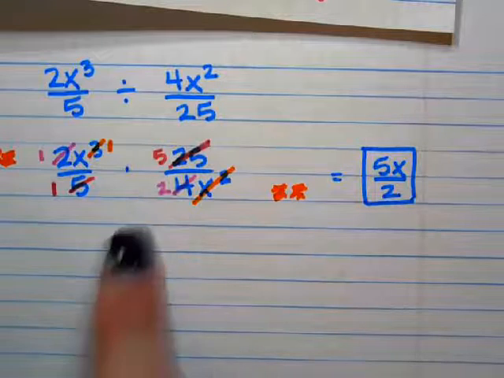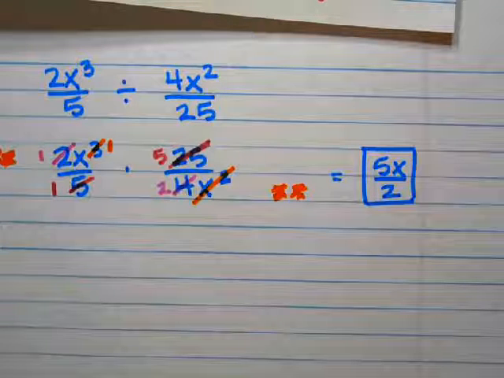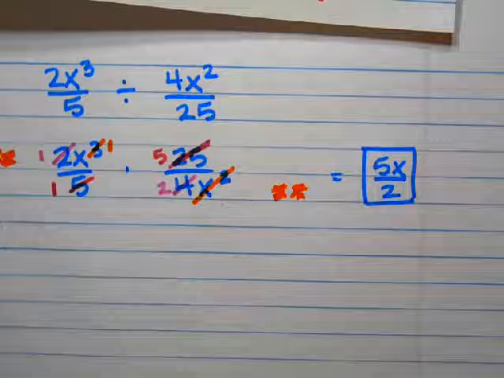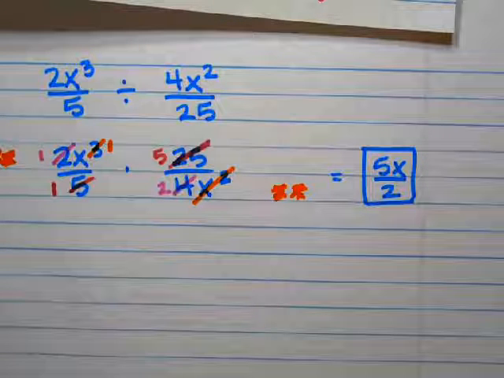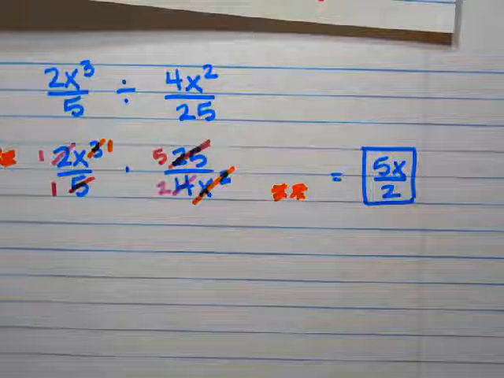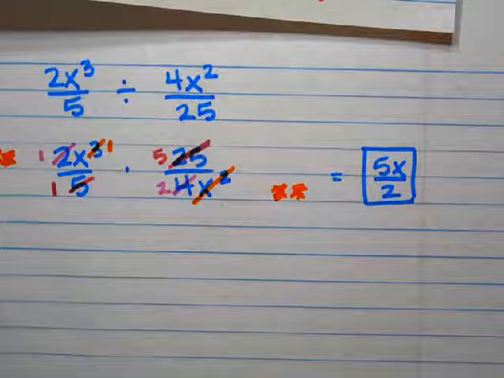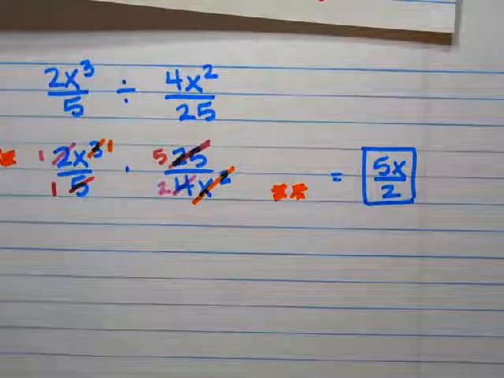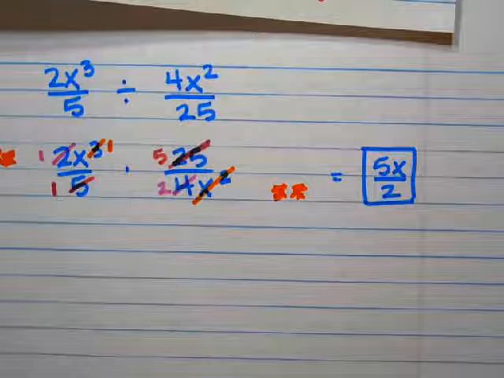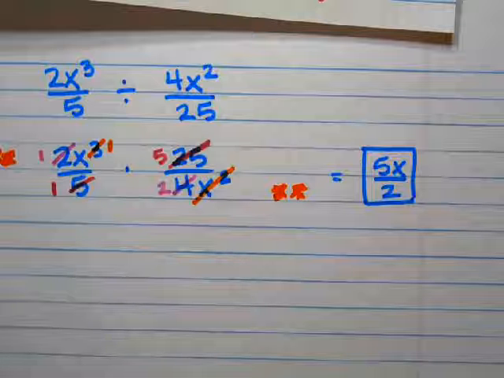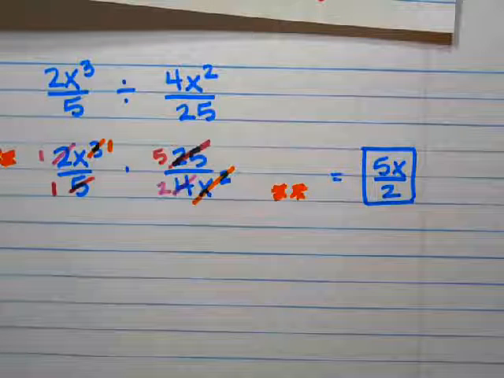Does that make sense? That's a math trick, to reduce first and then multiply, as opposed to multiplying and then reducing. If you multiply first, you deal with bigger numbers before you reduce. If you reduce first, then you're dealing with smaller numbers. It's a little math trick to make your life easier.